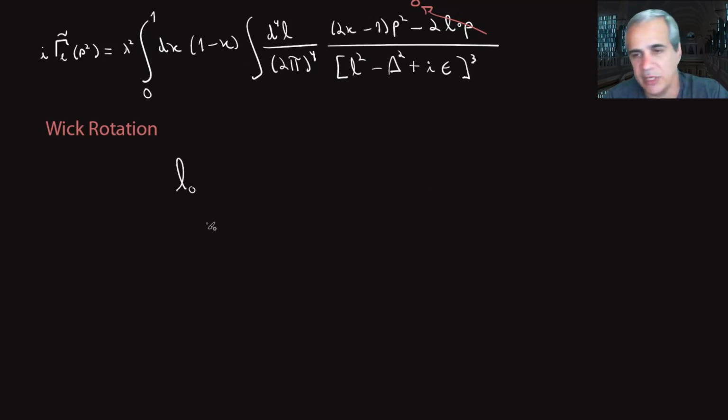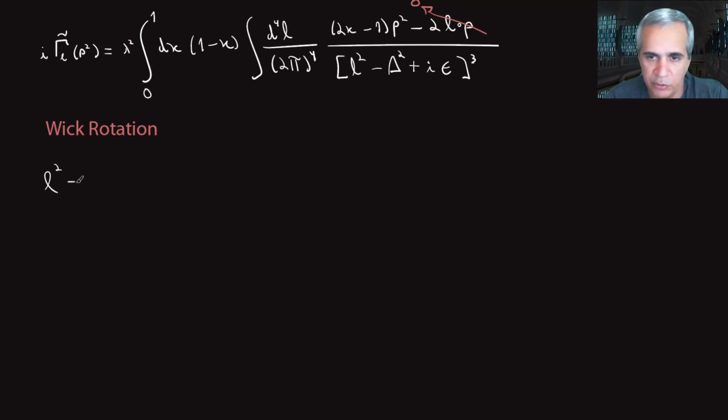In order to do that, we have to be careful with the poles of this integrand. In that region, we want to do the analytical extension of our function, so we have to be careful about poles. So let's look for the poles first.